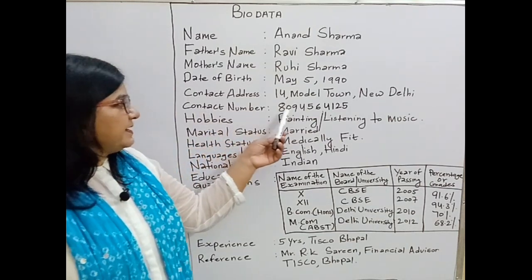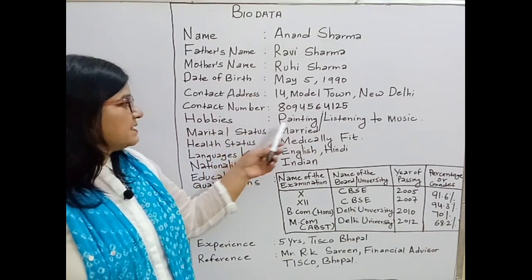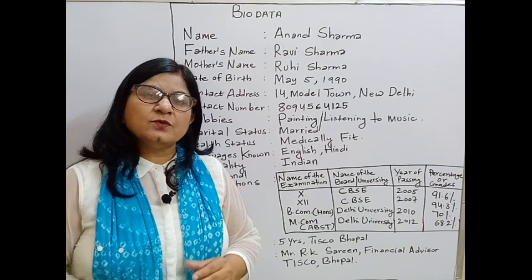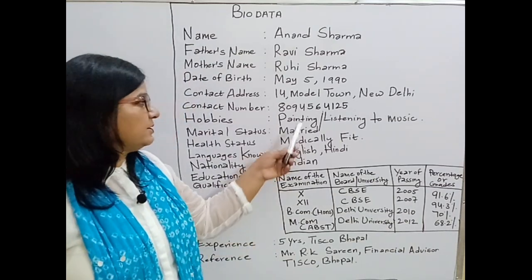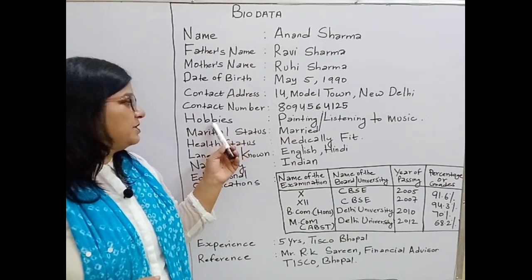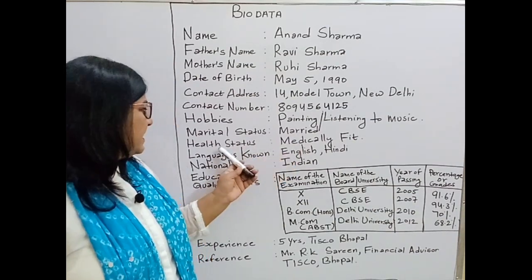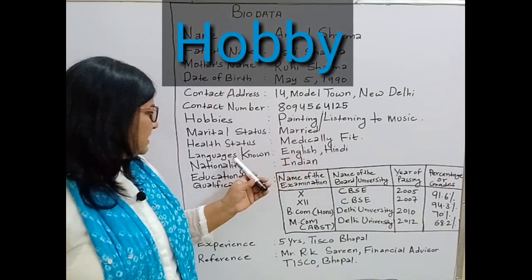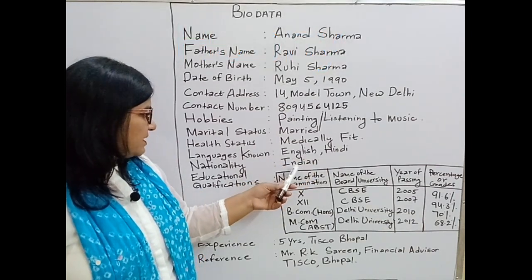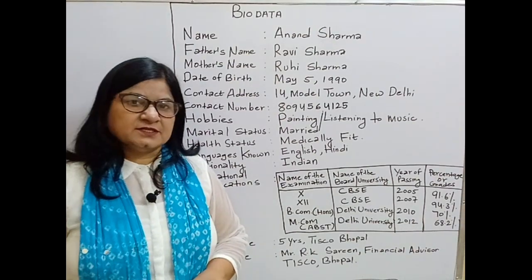Contact number 809-456-4125. Hobbies, painting and listening to music. If you have got only one hobby, you can write here only one, and here also you have to make changes. You have to write HOBBY, hobby. Marital status, married. Health status, medically fit. Languages known, English and Hindi. Nationality, Indian.